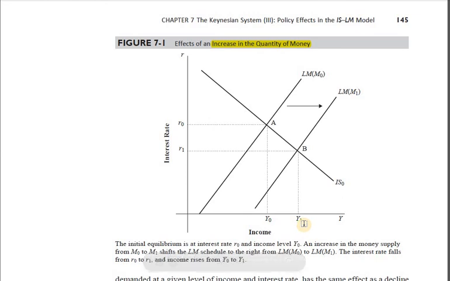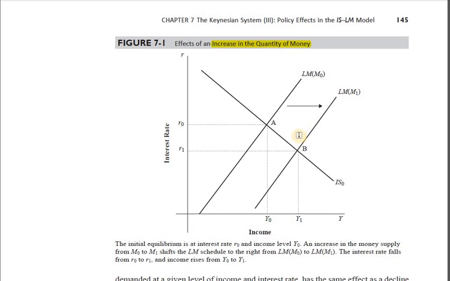Now when income in the economy goes up, what will happen? We know the transaction balance is directly proportional to the income in the economy. So the moment income increases, the transaction balance component of the money demand also goes up. So what exactly has happened? A few things have happened. Because of the increase in the money supply, the rate of interest has fallen.